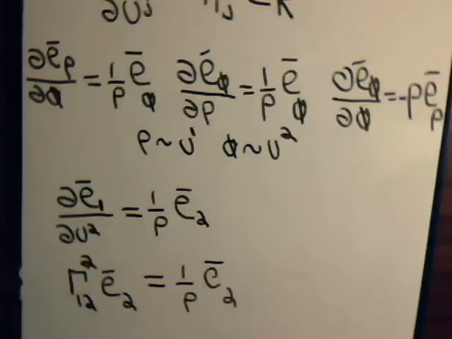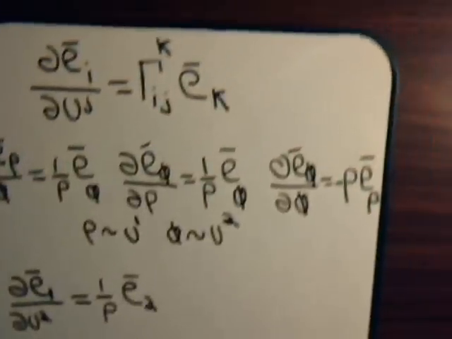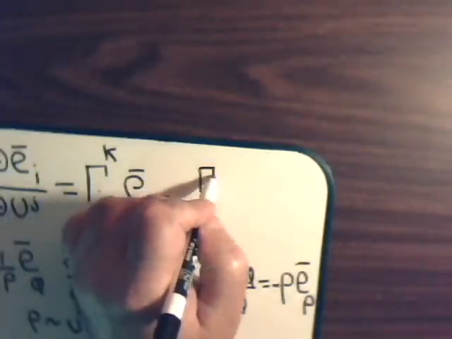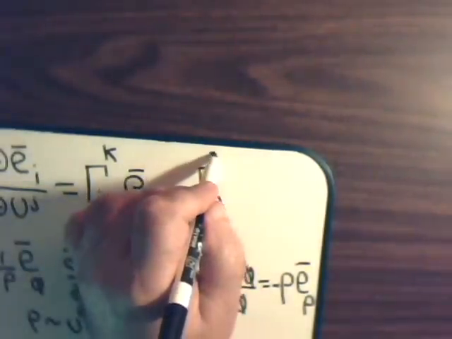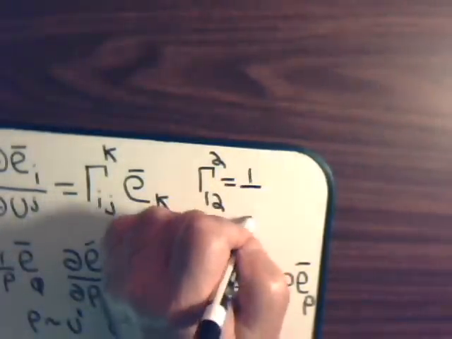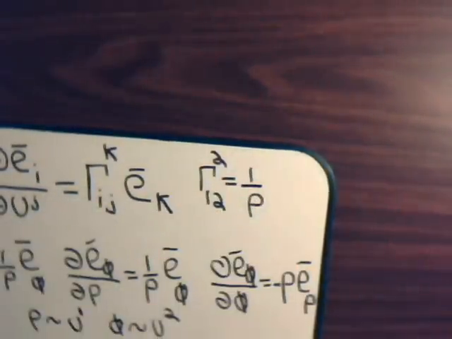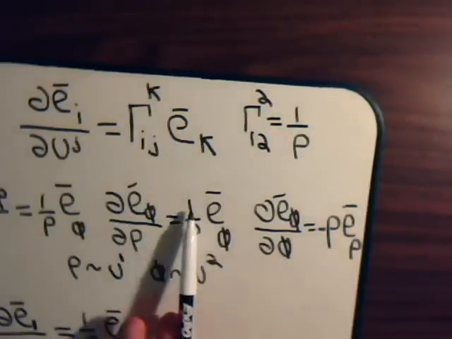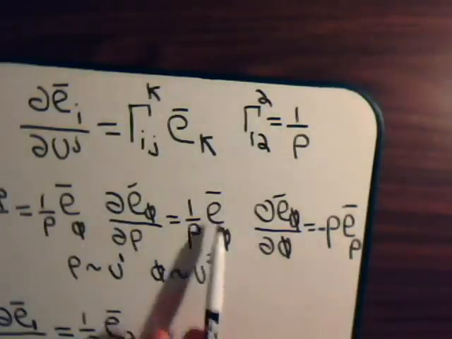Then that implies that gamma 1, 2, 2 equals 1 over rho. So there we have determined then one of our Christoffel symbols. And let's write it just up here. Gamma 1, 2, 2 equals 1 over rho.